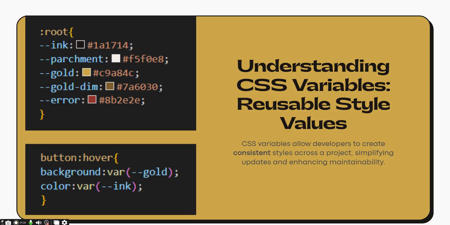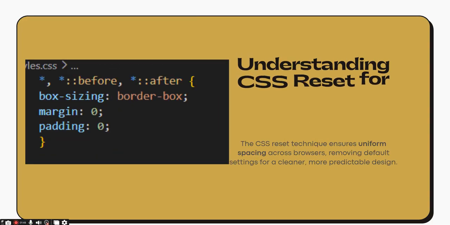Later in the CSS, we refer to them using the var function. For example, here, for the background, we're using var gold, and it is a variable here, a value there. This approach keeps the design consistent and makes it easy to change colors globally.